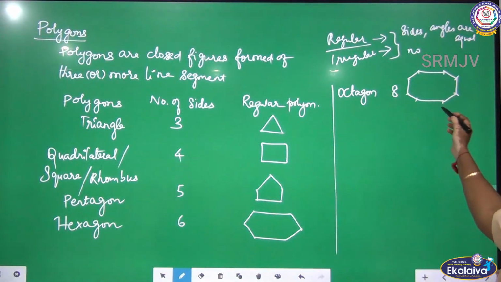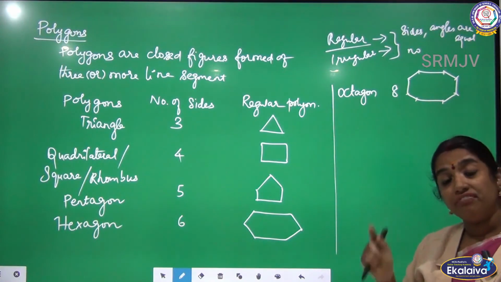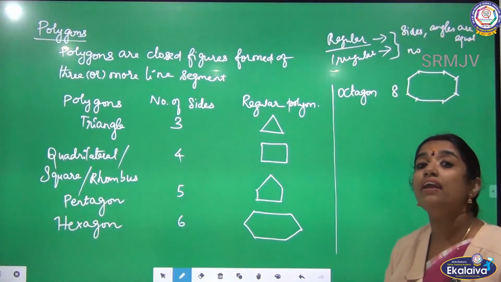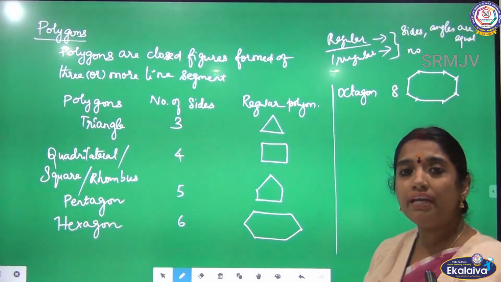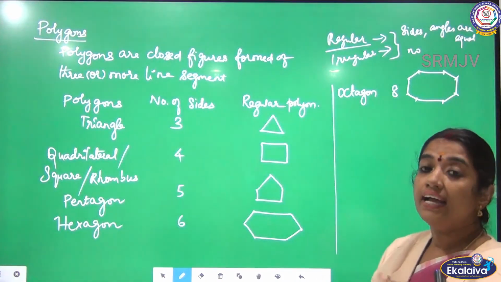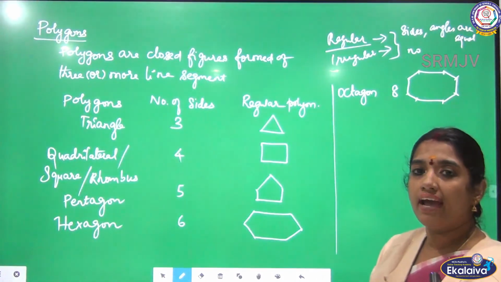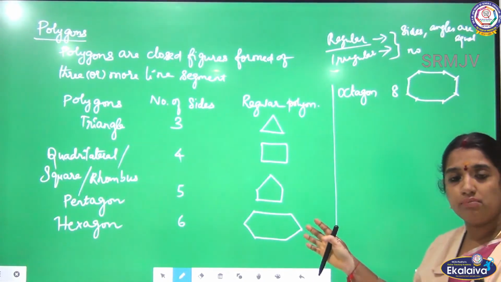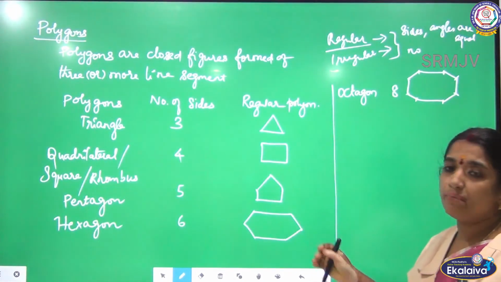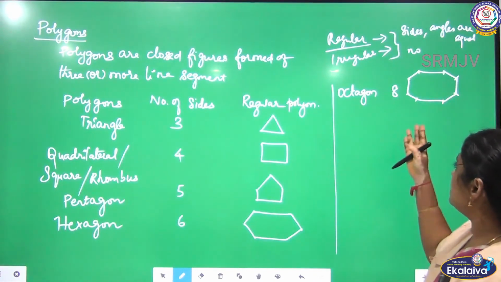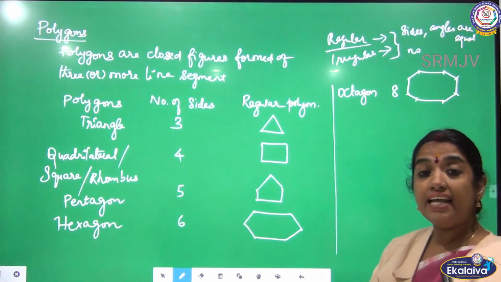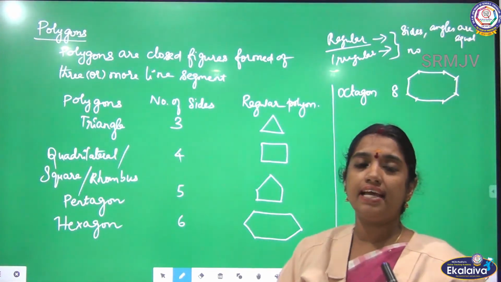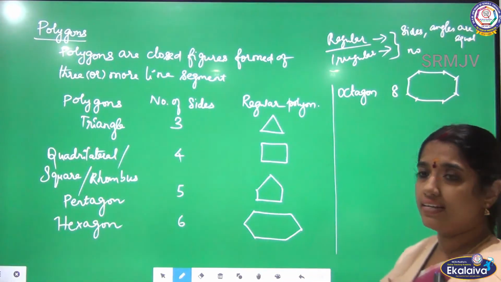Okay, octagon you have 8 sides. If 9 sides, then it is a nonagon. Nonagon has how many sides? 9 sides. 10 sides means decagon. Is it clear? Okay. 5 sides pentagon, 6 sides hexagon, 8 sides octagon, 9 sides nonagon, 10 sides decagon. Can you understand this?